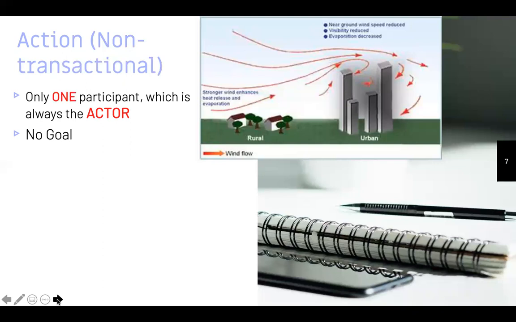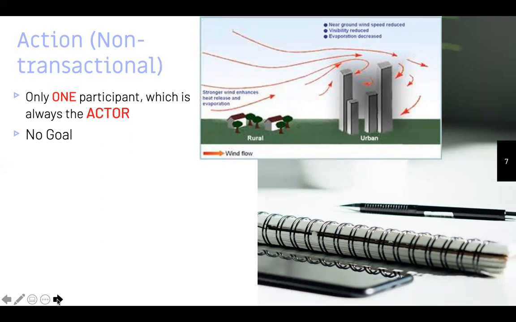If you look at the arrows there, the arrows go in one direction. There is an actor, but there is no goal. So therefore, this is an action but non-transactional because there is only one actor.